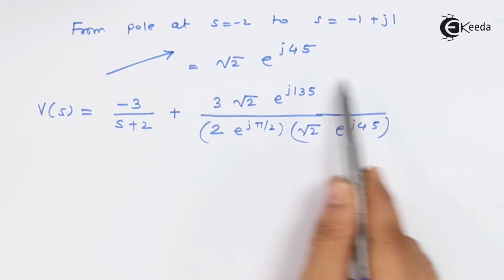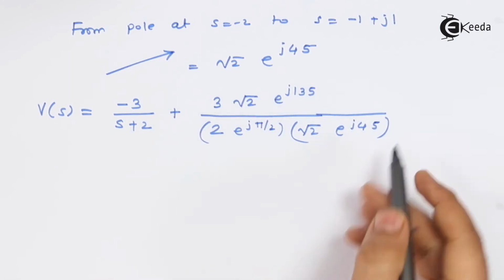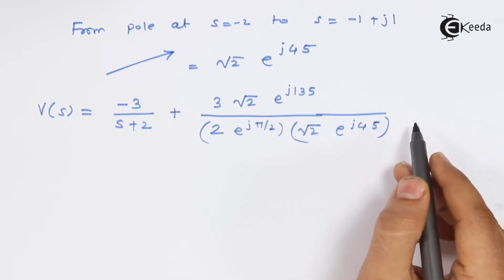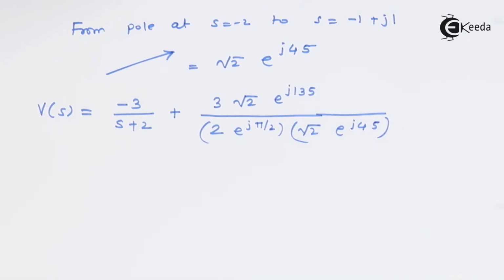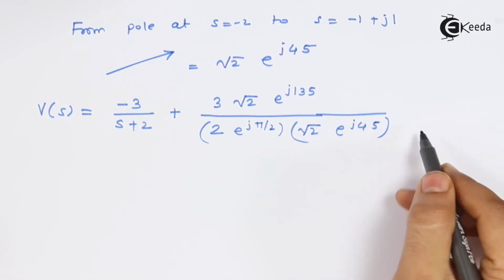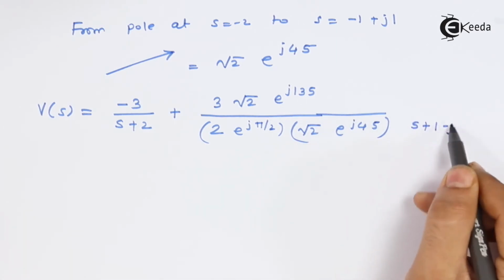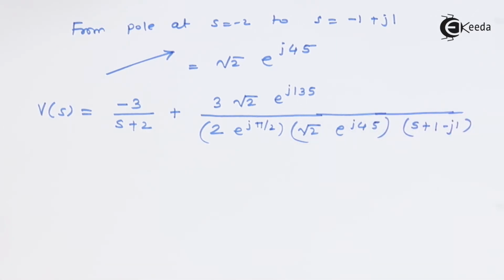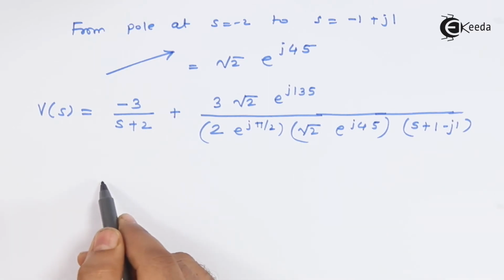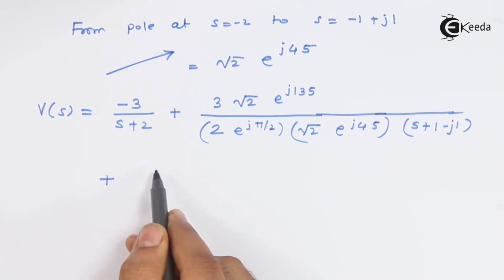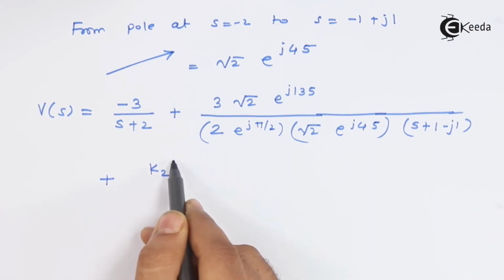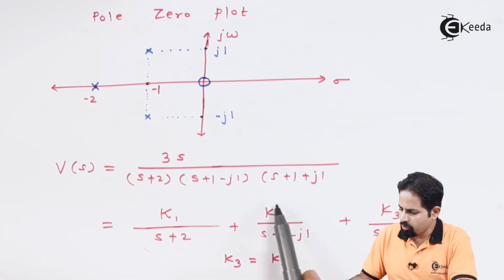This term is nothing but K2, and when we calculate it, the denominator there is s plus 1 minus j1, and whatever we calculate for K2, we'll write K2 conjugate as the third term. So the third term will be, K2 is what I am writing.